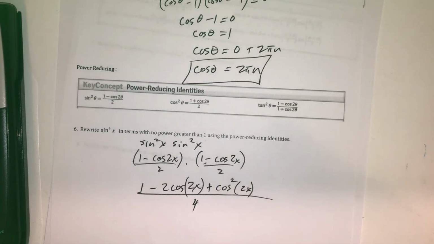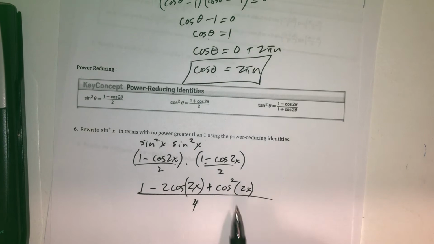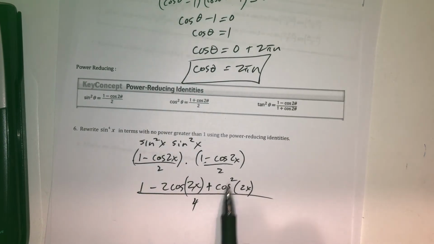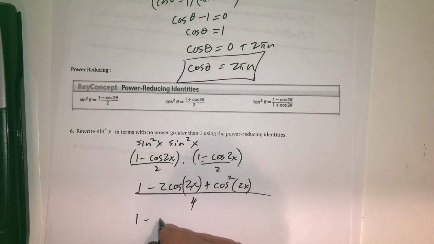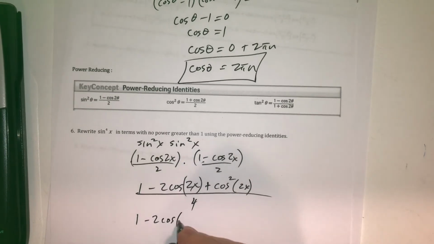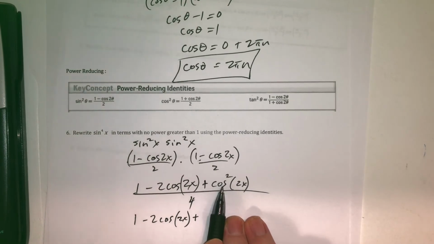Okay. All right, so what we're going to do next, excuse me, is to rewrite this term right here, cosine squared of 2x, all right? We're going to rewrite that as, and I'm just going to write everything else here the same, cosine of 2x plus, use our cosine formula here.